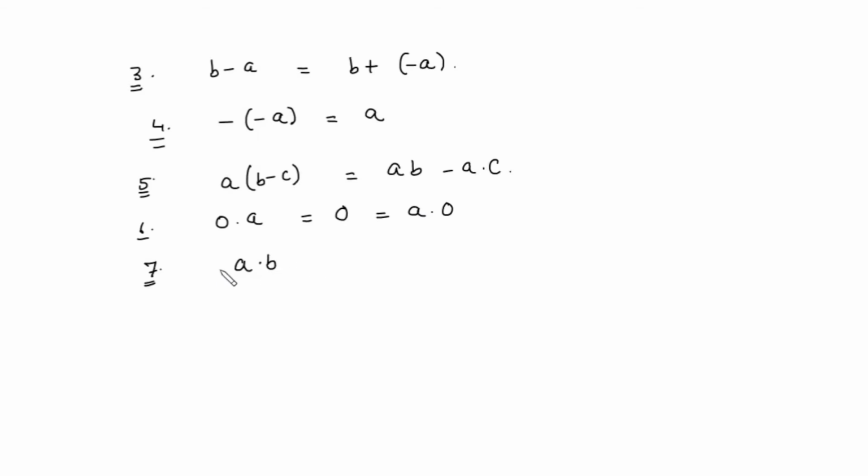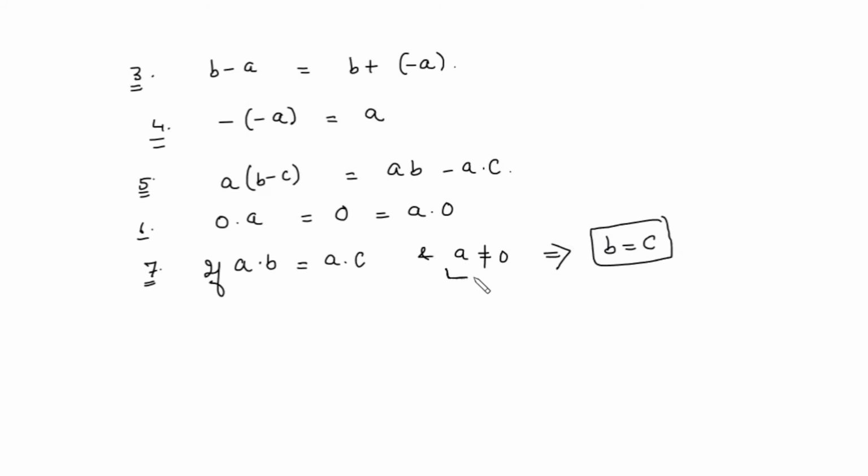If a into b is equal to a into c, and it is given that a is a non-zero number, then this implies what? You can divide by a on both sides, you can cancel out a, and you will have b is equal to c.